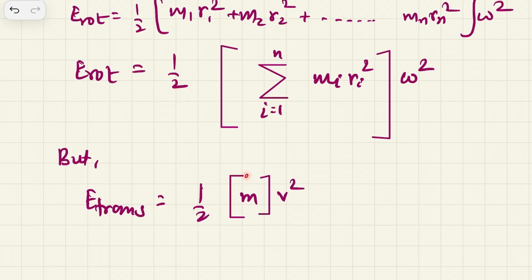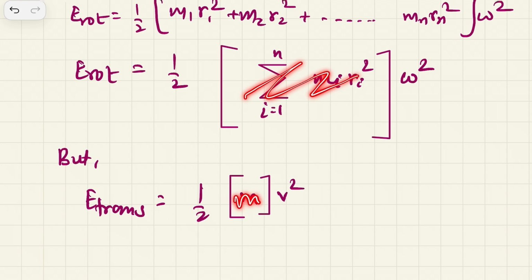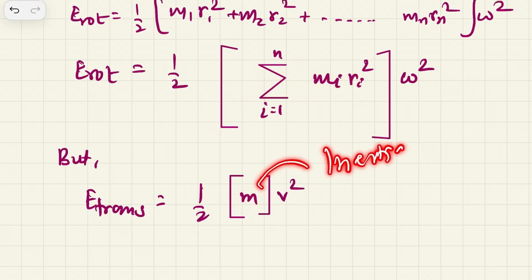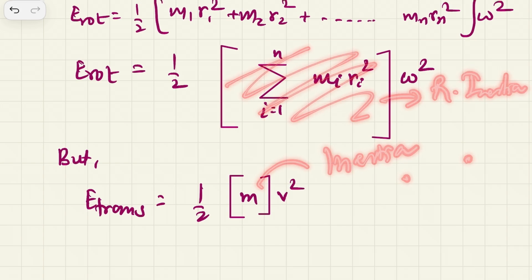That means whatever the bracketed term here is will be compared to this term, that is m. Now because m brings in inertia in linear motion, this term will bring rotational inertia in rotational motion. So this term will be called rotational inertia.